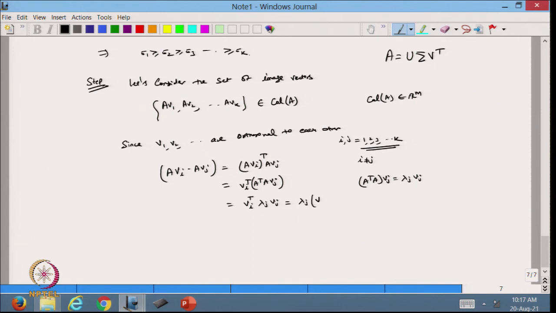So, I will get Vi transpose Vj, and these are orthogonal to each other, so its value I know is equal to 0. So, from here I can say that A of Vi is perpendicular to A of Vj, where i and j are 1, 2 up to k. So, this is all we are considering about the column space.